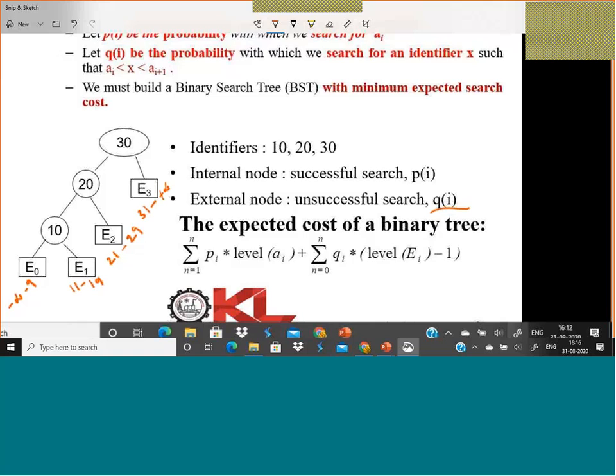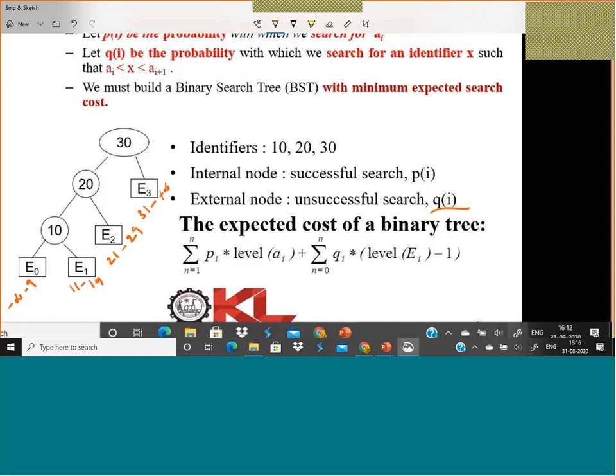That unsuccessful search also is divided based on the values, because all the values don't need the same number of comparisons. If I am searching for a 5, I need 3 comparisons. But if I am searching for a 35, I need only one comparison. There is a difference between the number of comparisons. Okay. So this point you need to understand from this particular diagram.